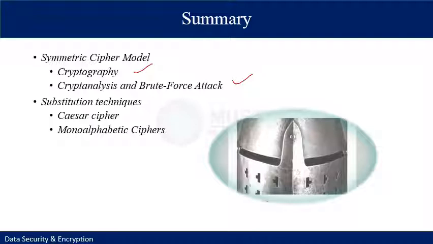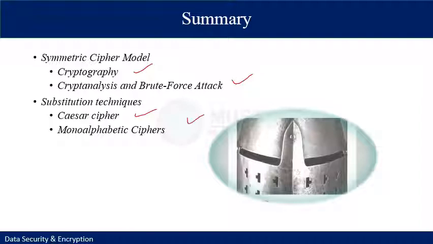The algorithm can be strengthened by applying a number of substitution techniques. We discussed two fundamental techniques that have been used for quite a long time. The first one was the Caesar cipher, which was named after Julius Caesar, and it used a transfer from one letter to another.